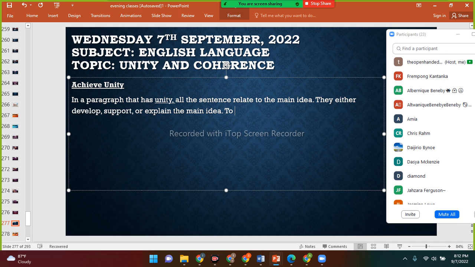But how do we achieve this? To achieve unity in your paragraphs, refer to your topic sentence as you draft.